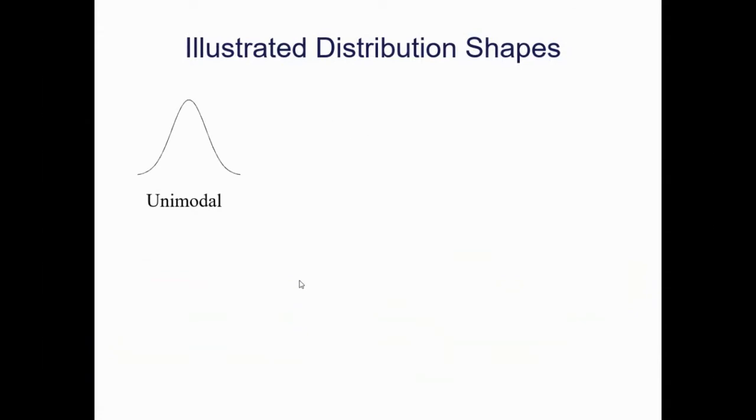Unimodal just has 1 peak. Bimodal has 2 peaks. Multimodal has multiple peaks.